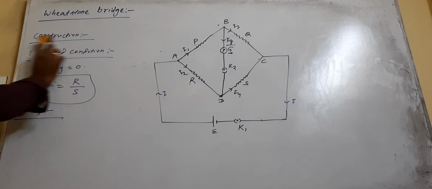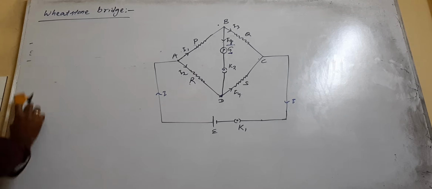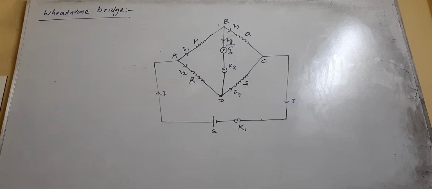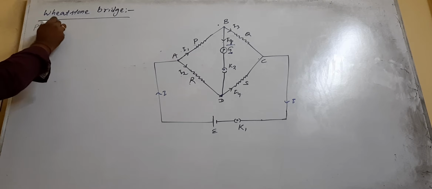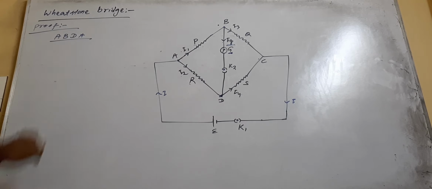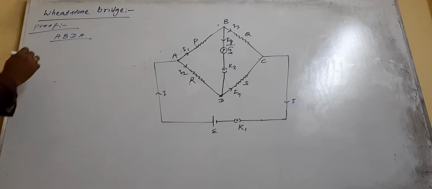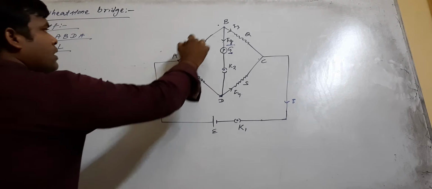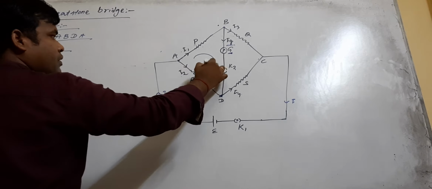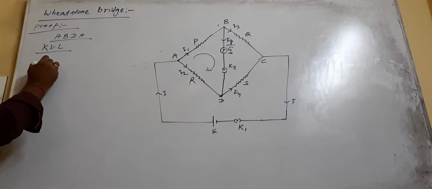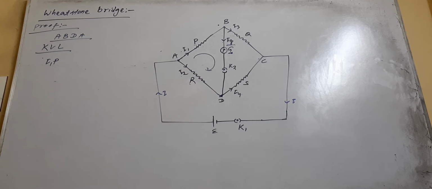So now you apply the Kirchhoff's voltage law to the loop ABDA. You consider the loop ABDA. You apply Kirchhoff's voltage law. That is, when you go from A to B, then the voltage drop is I1P.